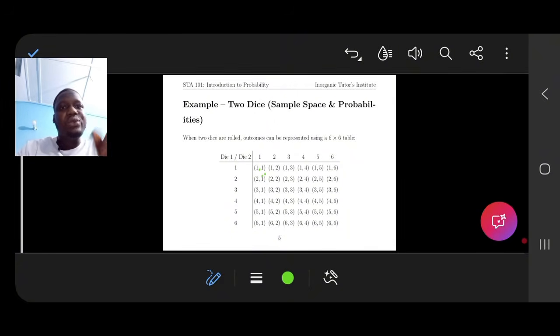Then we go to 1 2. 1 2 means we roll the first one, we obtain a 1, we roll the second one, we obtain a 2. 1 3 here means we roll the first one, we get 1, we roll the second time, we get a 3.